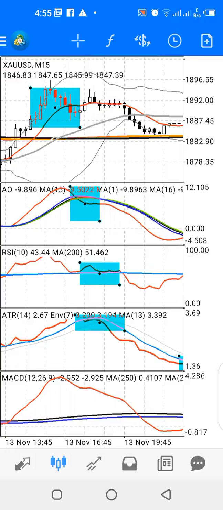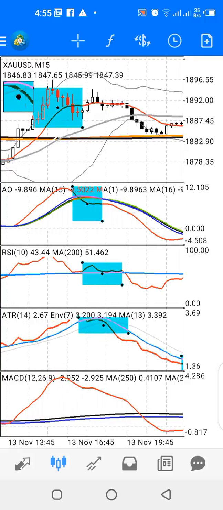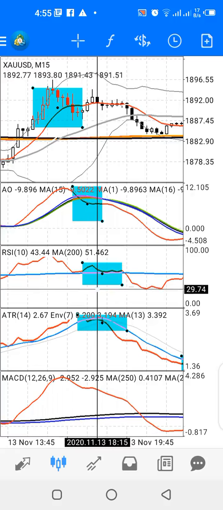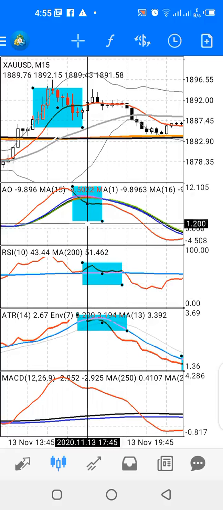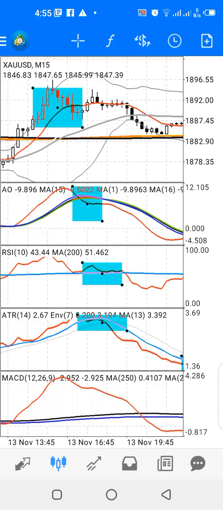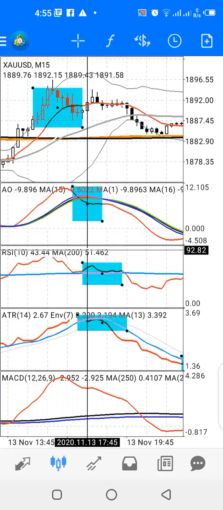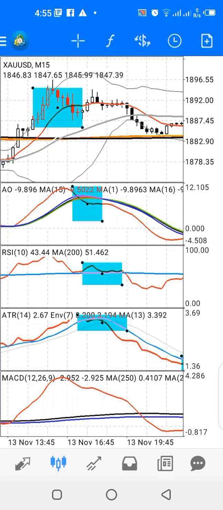But some of the time indicator window 3 may give a cross up. So you don't necessarily have to align indicator window 3 with the rest of the windows all the time. But when it aligns with the rest of the windows, you are sure of the trade.